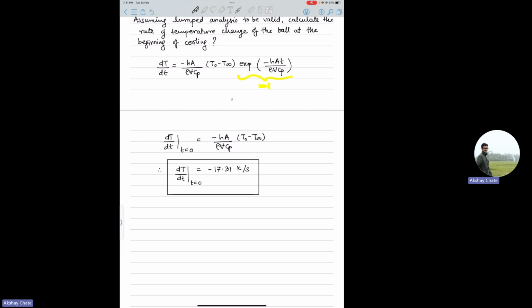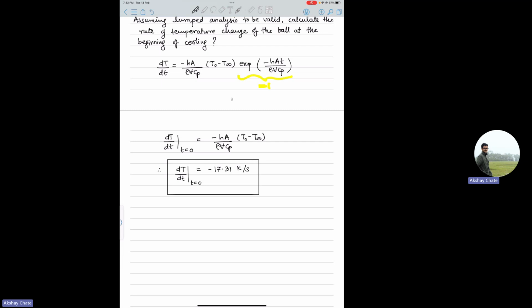So this is one thing. Sometimes instead of a ball they will give you a cube. In a cube, volume is a cubed and surface area is 6a squared, so V by A will become a by 6, where a is the side of the cube.